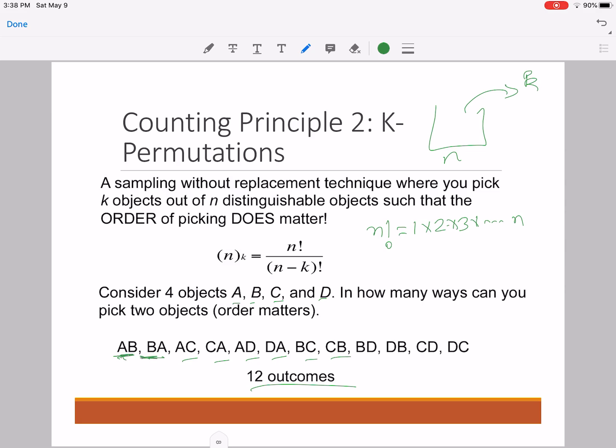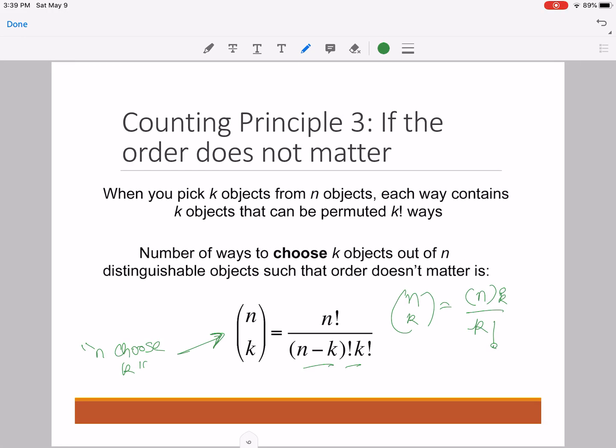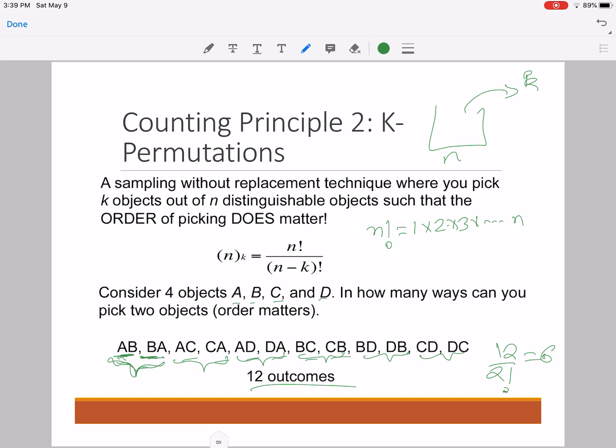Now when I choose items without replacement such that order doesn't matter, AB and BA lead to just one single entity. And similarly, AC and CA are just one entity, and so on. So essentially, if I were to divide this answer 12 by 2 factorial, because each of these can be permuted in 2 factorial ways, I'll get 6 as my answer.